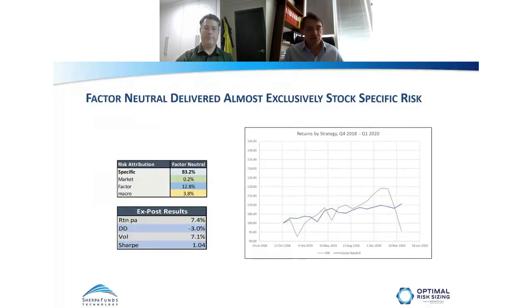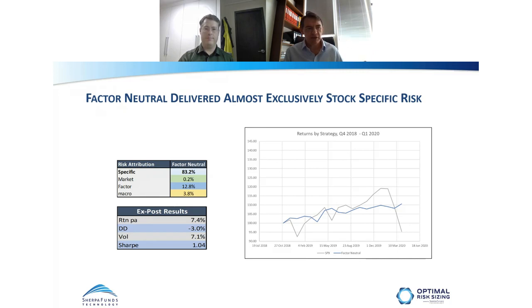The factor neutral, so again, the same set of stocks as inputs generates a completely different portfolio with very, very high specific risk. And this portfolio is actually, of course, what the endowment guys want. They want to be paying you for specific risk, not for things they can buy through an ETF. And you can buy growth factor or style factor ETFs and pay almost nothing.